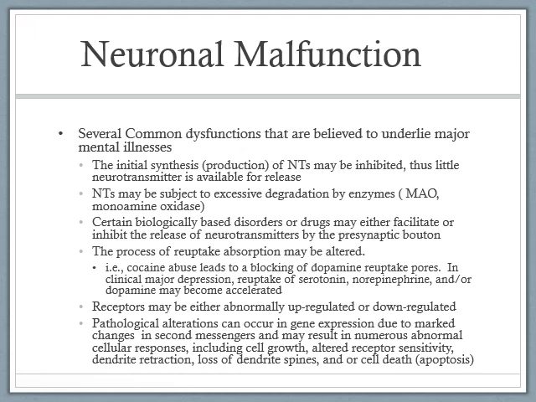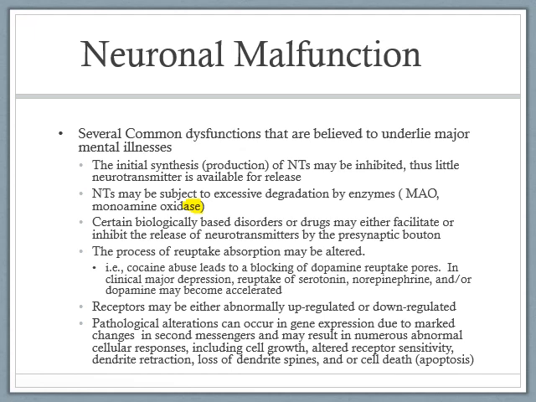Neurotransmitters may be subjected to excessive degradation by enzymes, such as MAOs, which are monoamine oxidase, and anything that ends in that ACE is an enzyme. Certain biologically based disorders or drugs may either facilitate or inhibit the release of neurotransmitters by the presynaptic bouton.